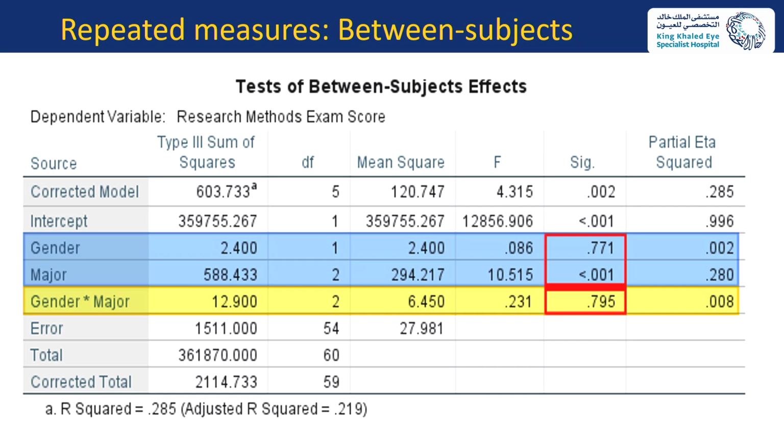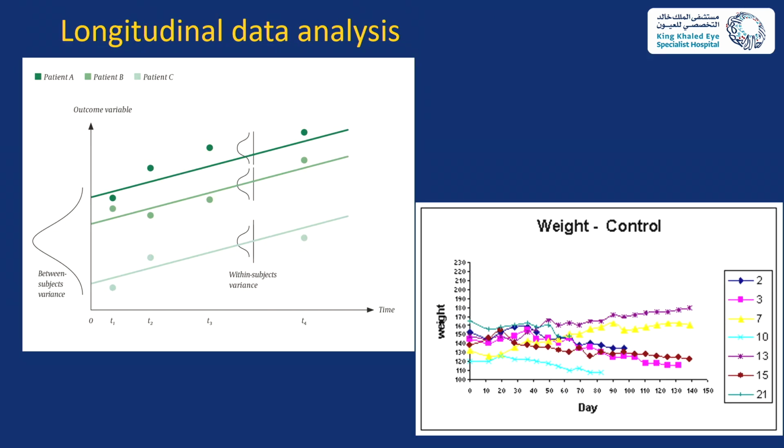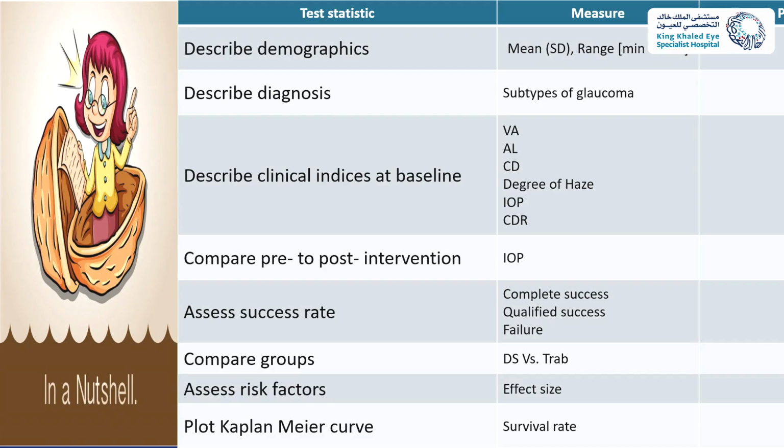And we have the so-called between subjects analysis. The longitudinal studies are a specific type of study where you need to follow up patients for a very long time, like the very famous Nottingham study, for example.